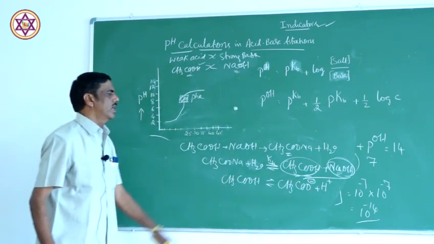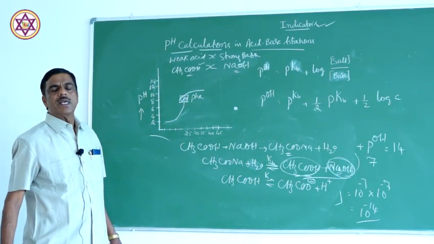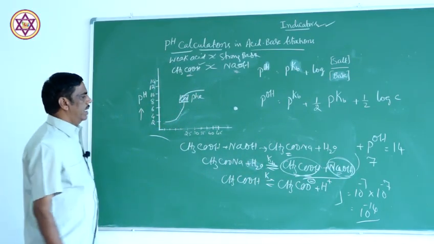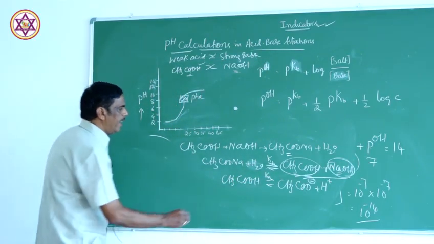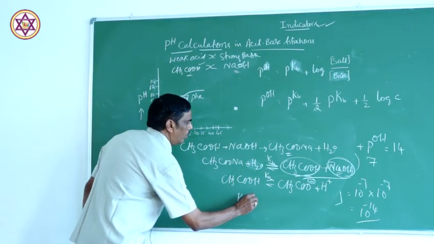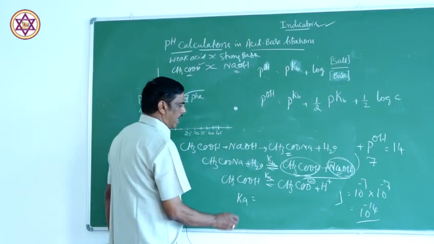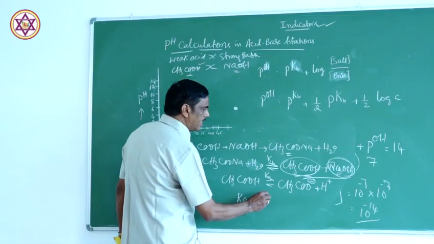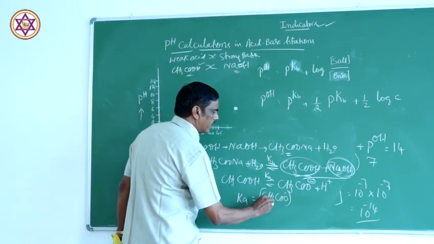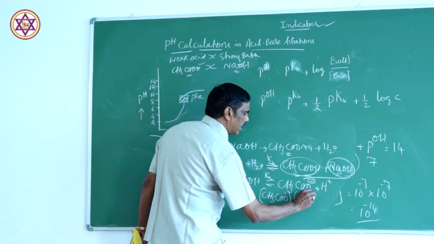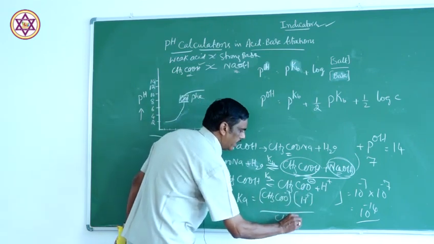This is a reversible reaction. Therefore, you can apply the law of mass action to calculate the equilibrium constant of this. This equilibrium constant is represented by Ka. Ka is equal to the concentration of the products divided by the concentration of the reactant. The concentration of the products is the concentration of CH3COO minus into the concentration of H plus, divided by the concentration of acetic acid.